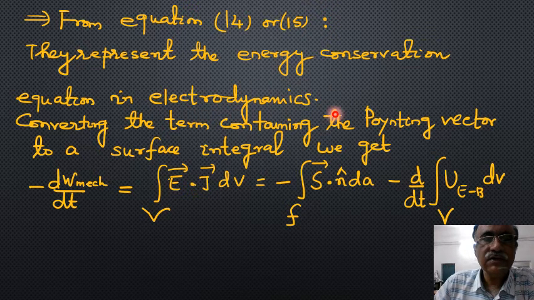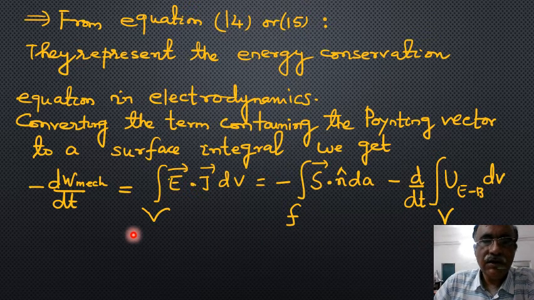If we convert the volume integral into a surface integral containing the Poynting's vector, then we can rewrite it as the volume integral of E dot J dV equal to the surface integral over the surface F of the Poynting's vector minus d by dt of the volume integral of the energy density of the electromagnetic field.